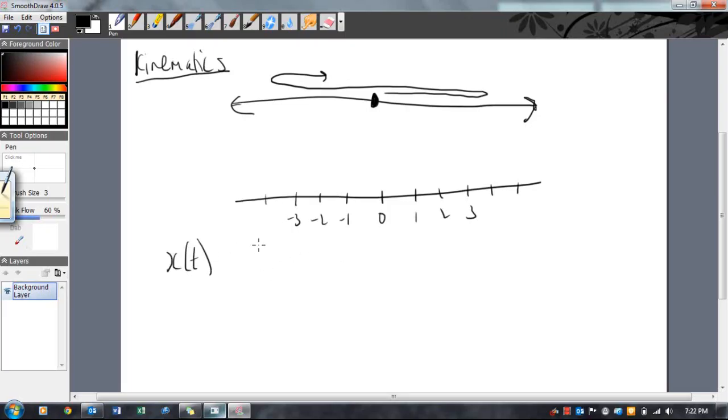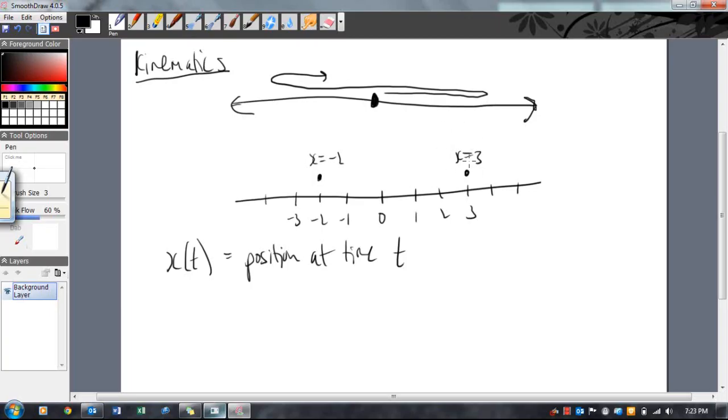So let's just say x of t, its position at time t, we'll just write that as position at time t. In other words, if the ball was here, that would mean x is equal to -2. And if the ball was here, that means x is equal to 3.